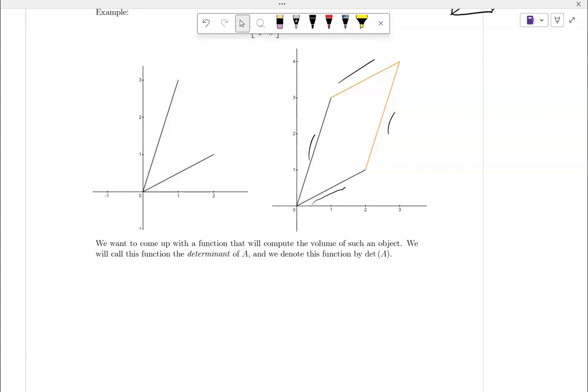You may have done this if you've done cross products in Calc 3. The magnitude of the cross product of your vector gives you the area of the parallelogram defined by the vector. If you've done scalar triple product in Calc 3, where you do the cross product of 2 vectors and then dot product with a third, you have to do the absolute value in that case to get the volume of the 3-dimensional object. If you haven't done that, you can ignore all the words I just said, okay? But same idea. When you do magnitude of a vector, that's going to be positive.